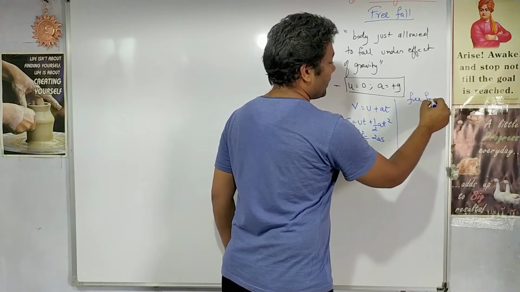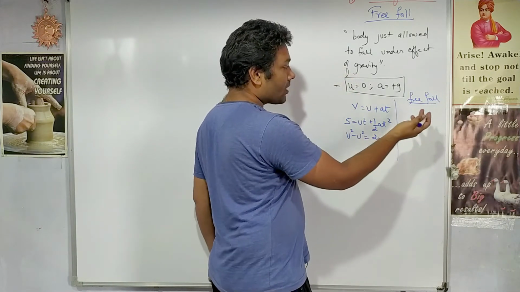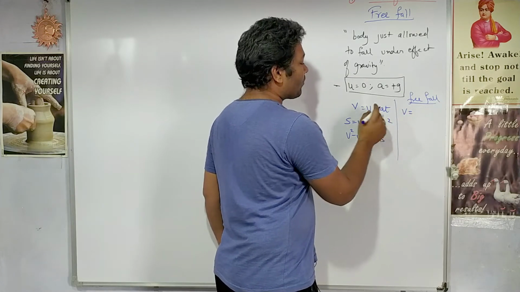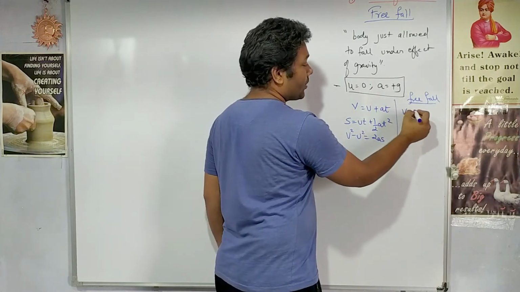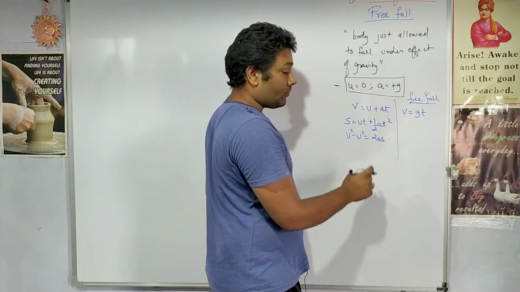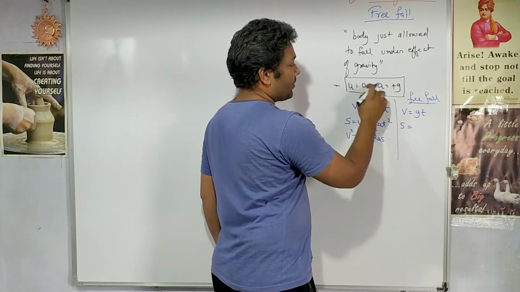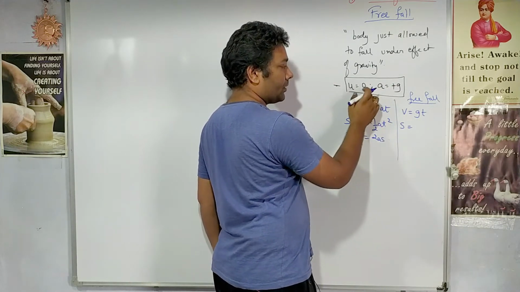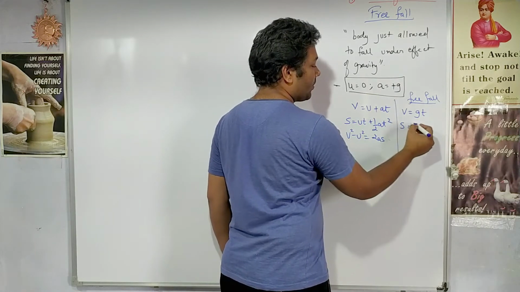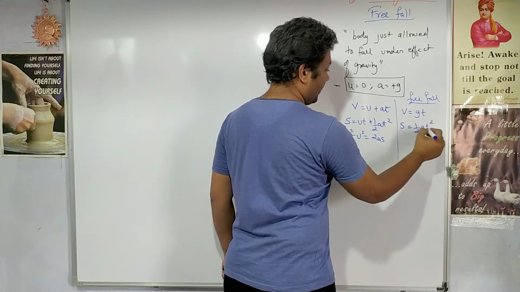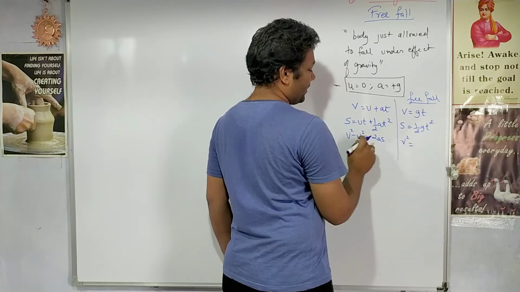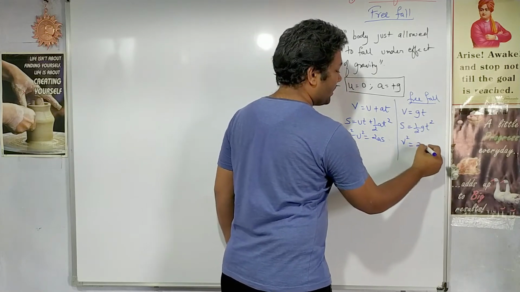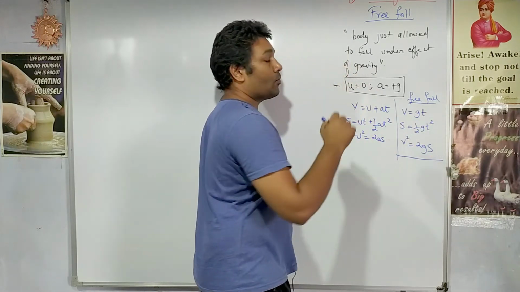When an object undergoes a free fall, initial velocity is 0 and acceleration is plus g, so v = gt. Substitute these things here: u is 0, s = half gt square, v square = 2gs. So the equations get modified this way.